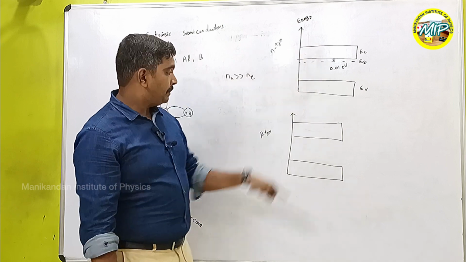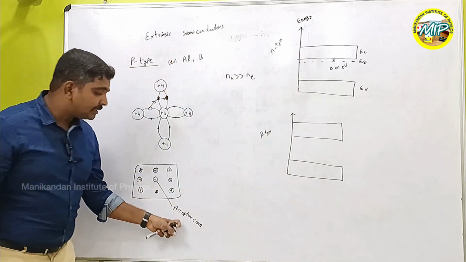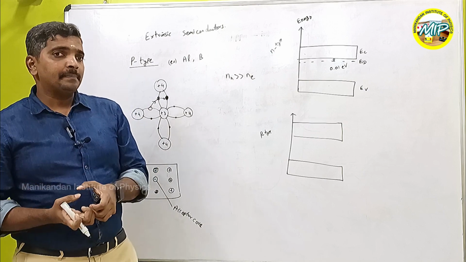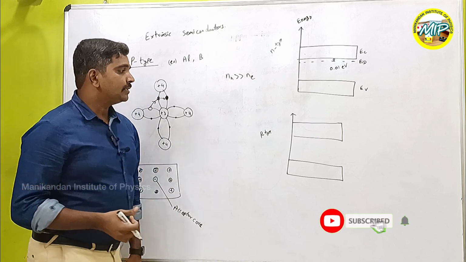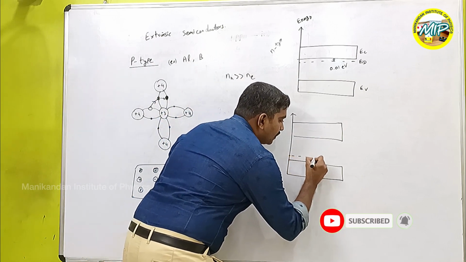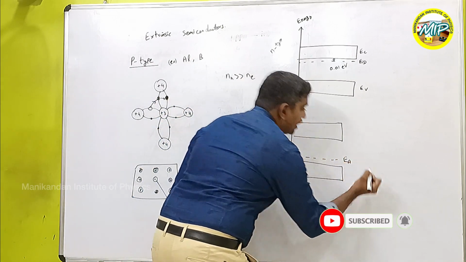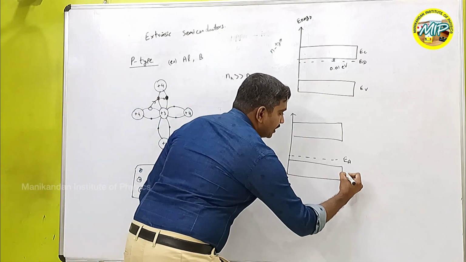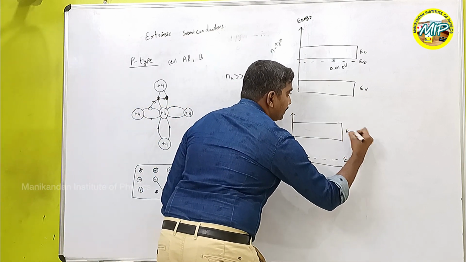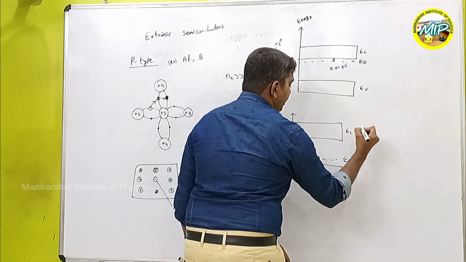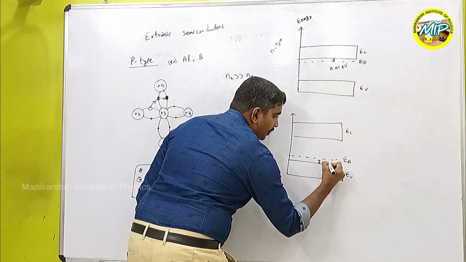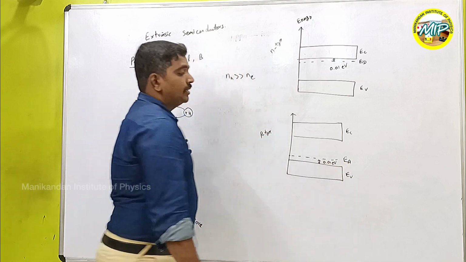But in this case, each acceptor core will accept one electron from the semiconductor. The energy of the acceptor core is nearly somewhere here, EA. So this is my EV, this is EC. The energy gap is approximately 0.01 electron volt.